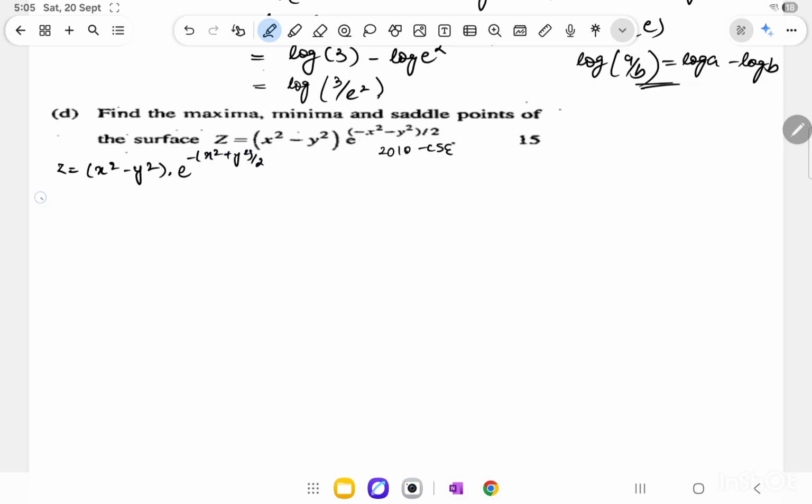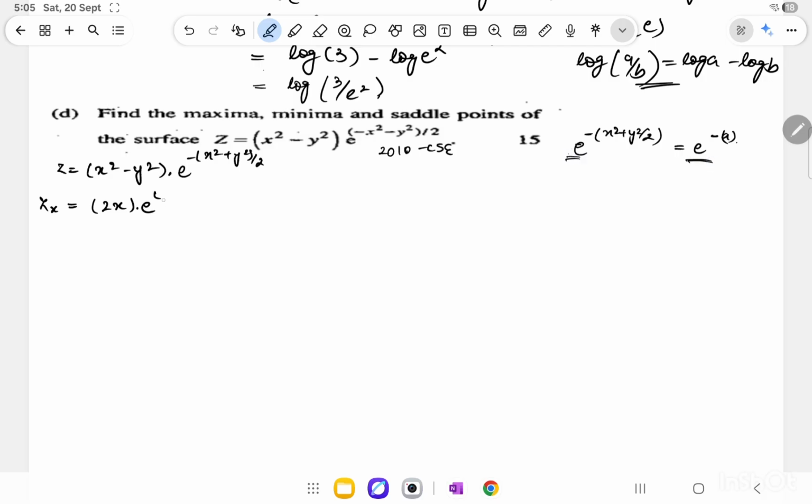So let's calculate its partial derivative with respect to x. That will be 2x into e raised negative a. For the time being, whenever I'm supposed to write e raised minus (x square plus y square) by 2, I'll write it as e raised negative a just to save time, and in the final step I'll replace this term.